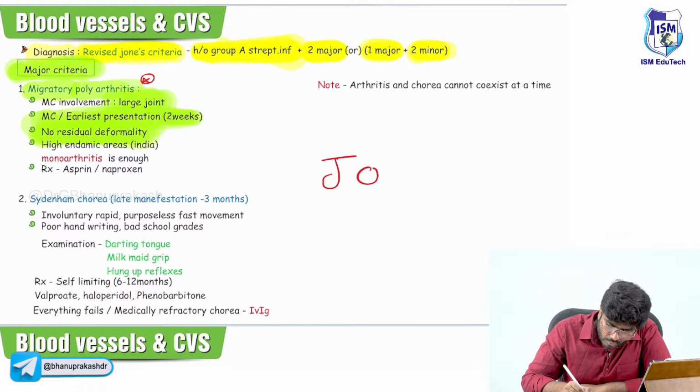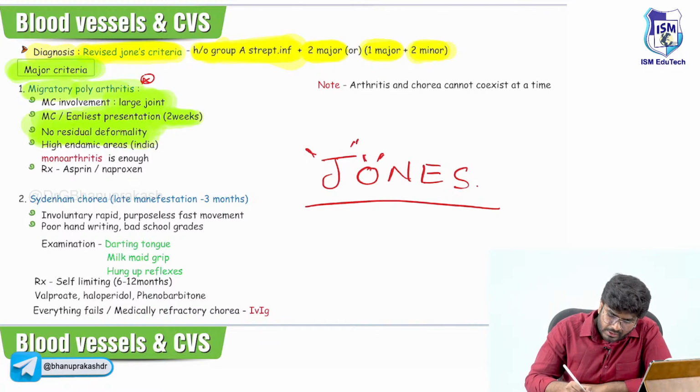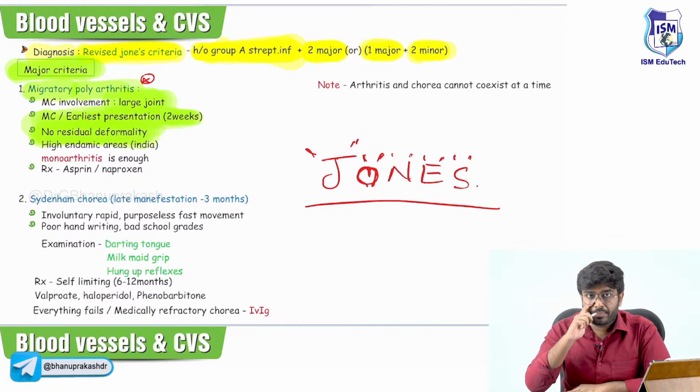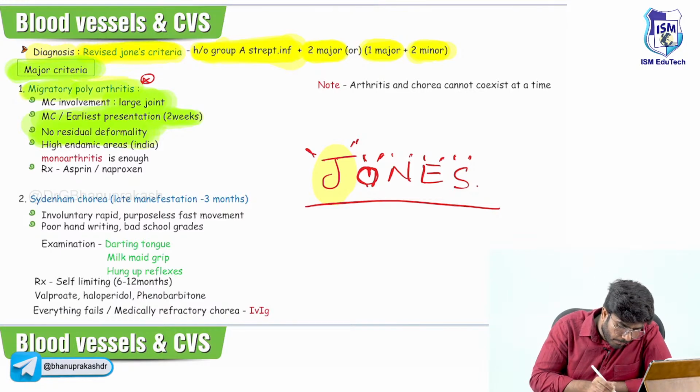Remember JONES. These are the major criteria: joint involvement, heart involvement, subcutaneous nodules, erythema marginatum, Sydenham chorea. Now please listen carefully. Joint involvement means migratory polyarthritis.